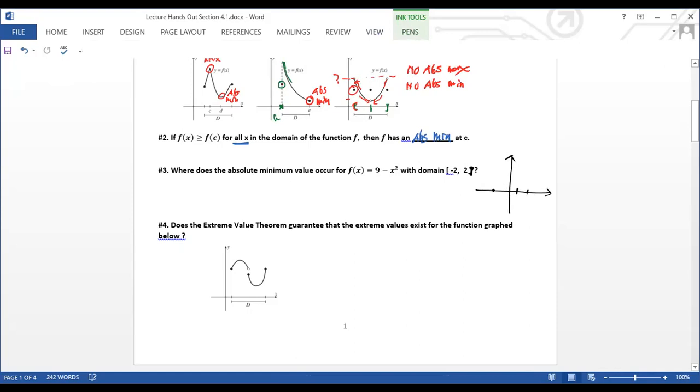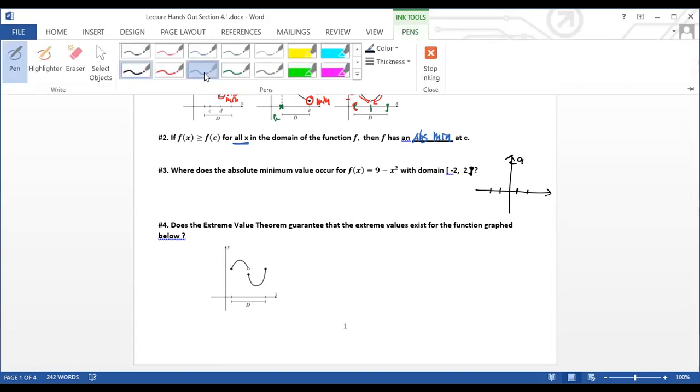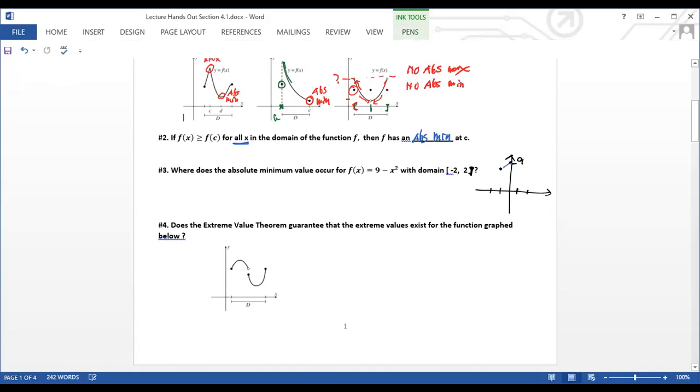So this is 1, 2, this is 1, 2. This is a quadratic, because this is negative, so it opens downward. So when x equals 0, you have 9 here, right? When x equals 1, you have 8, and at 2, you have a 5 here, right? So this is your function here.